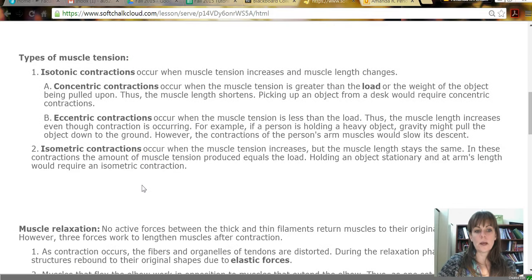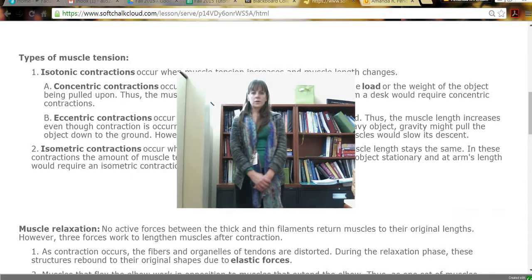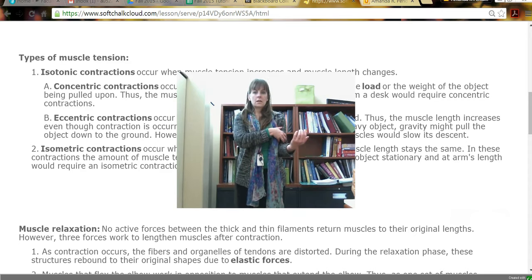Now, what we're going to talk about next are a couple of different types of contractions, and I will demonstrate those for you. Okay, so there are two general types of muscle contractions. The first one, isotonic contraction, means that you're contracting this muscle, you're creating tension in the muscle, but the length of the muscle is changing.